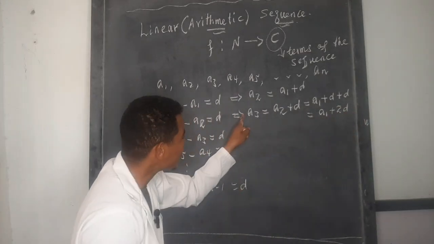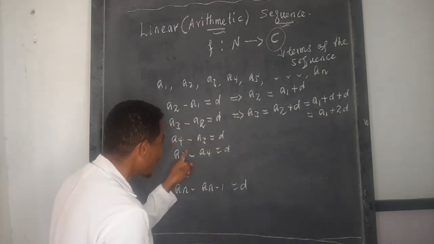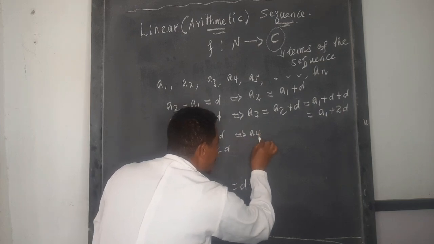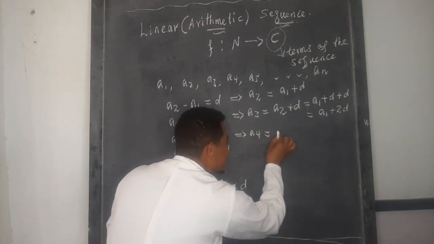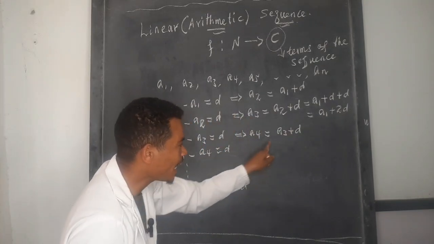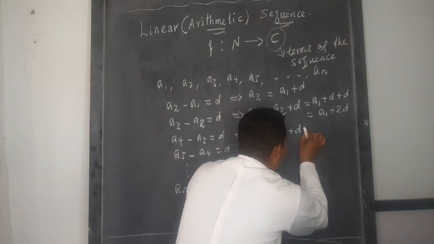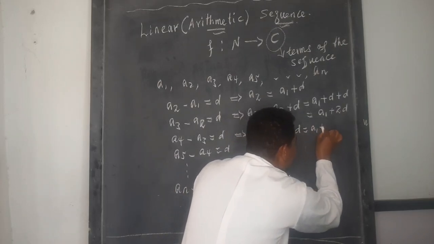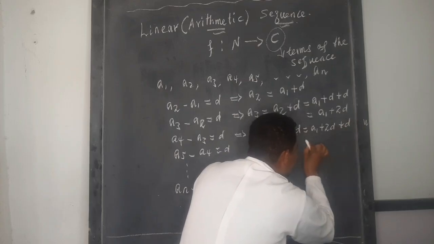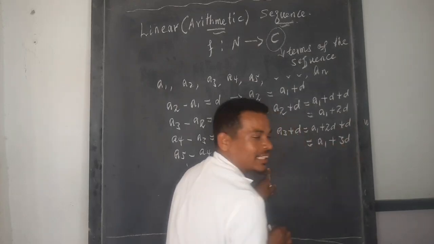That means a3 is equal to a1 plus 2d. Again, a4 is equal to a3 plus d, and a3 means a1 plus 2d. This is equal to a1 plus 2d plus d, which is the same as a1 plus 3d.